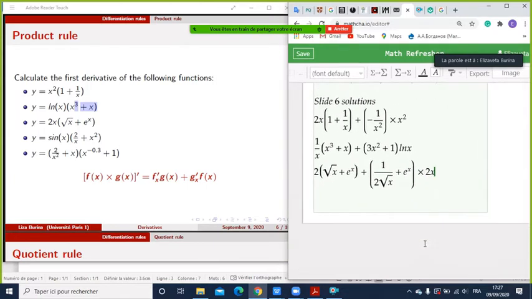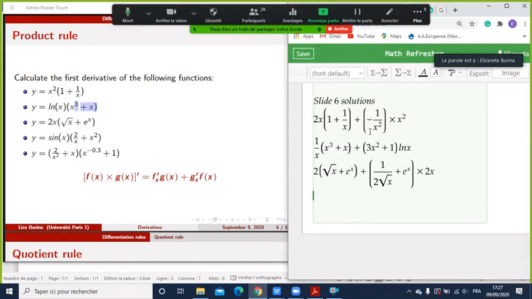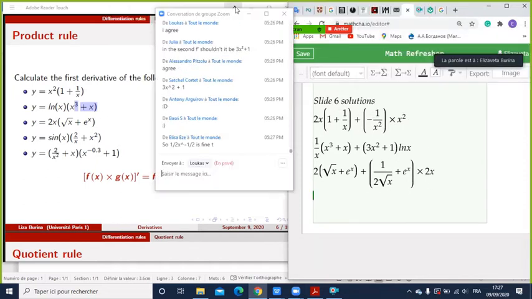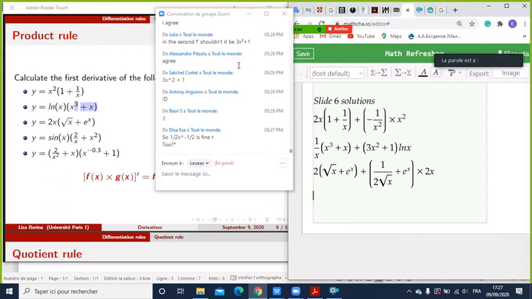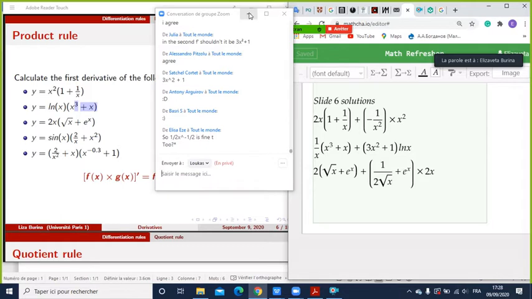Maybe some of them are coming to something nice. Well, the first one for sure. Okay, don't make another mistake. Yes, 1 over 2 times x to the power of minus 1 over 2 is perfectly fine. I just wanted to simplify it because it's easier for me to type it and faster.